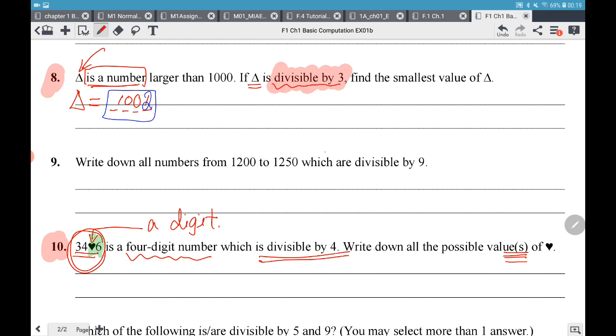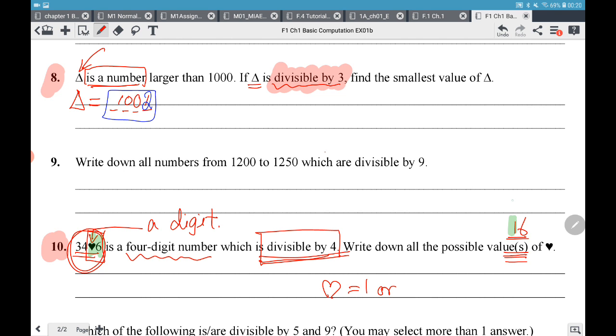So the last 2 digits need to be divisible by 4. Therefore, we can think of 16, ending with 6, as a 2-digit number. 16 is divisible by 4. That means the heart can be 1. Or, besides 16, is 26 good enough?